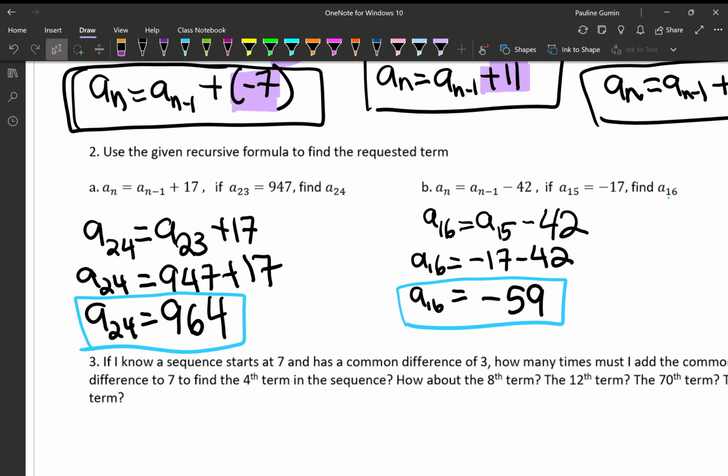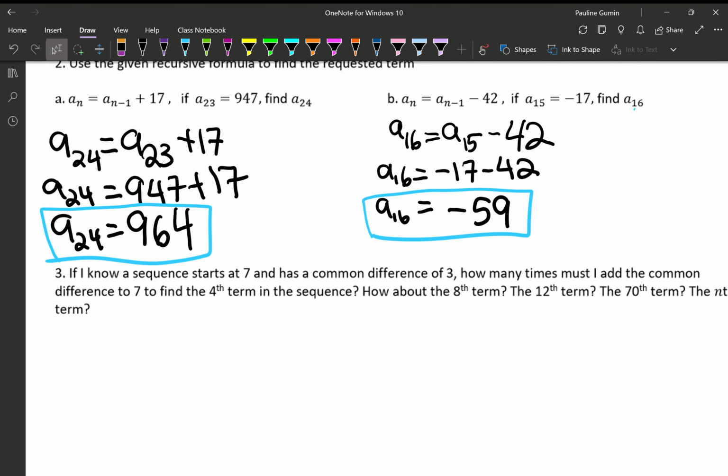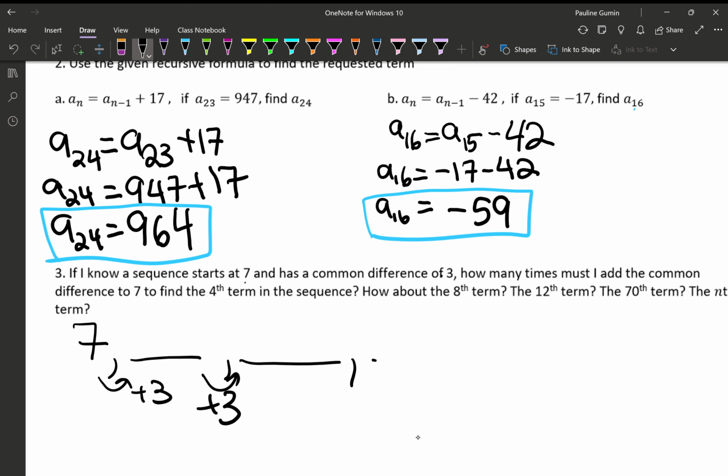Number 3. If a sequence starts with 7 and has a common difference of 3, how many times should I add the common difference to 7 to find the 4th term? How about the 8th? How about the 12th? If we start with 7 and the common difference is 3, to get to the 2nd term, we add once. To the 3rd term, we add twice.